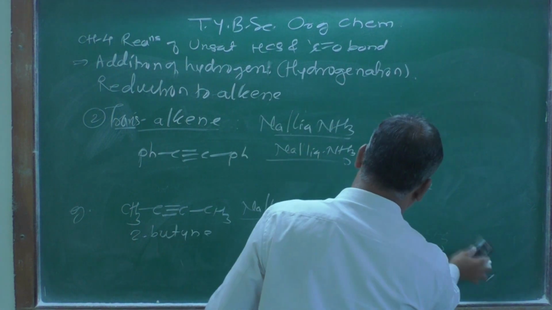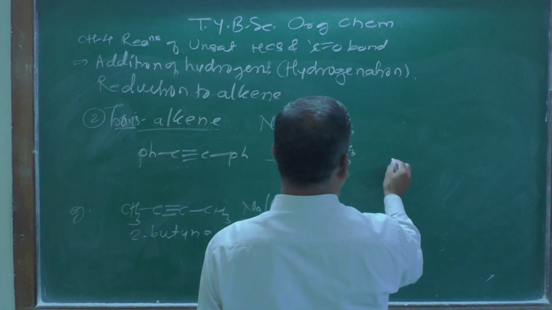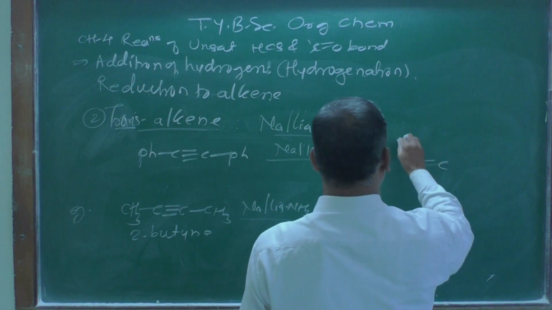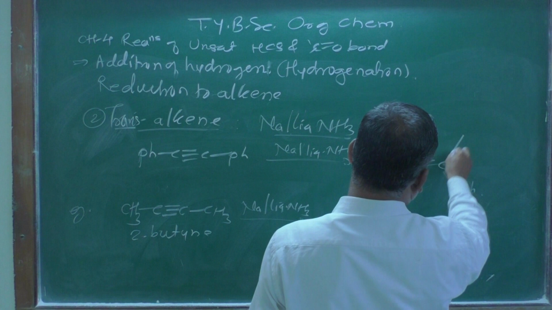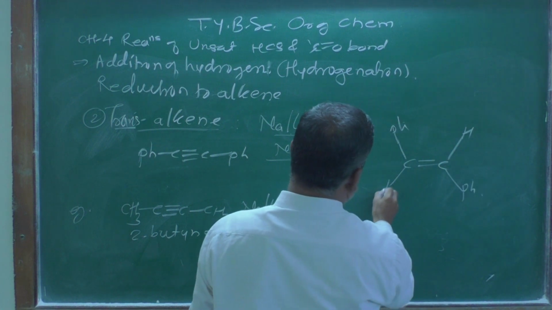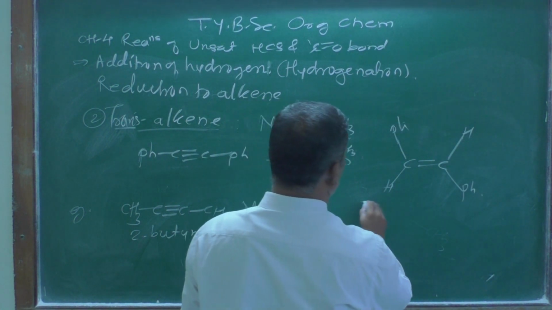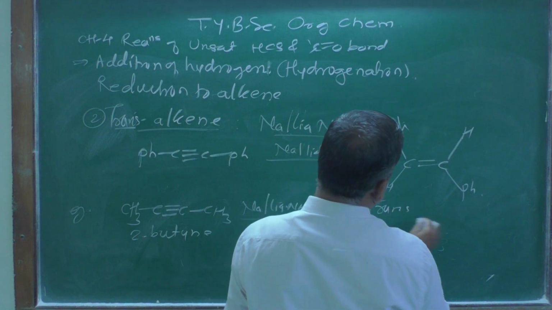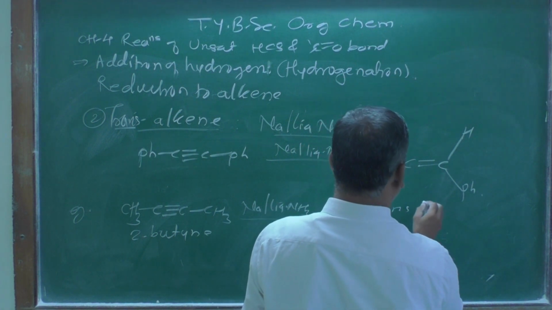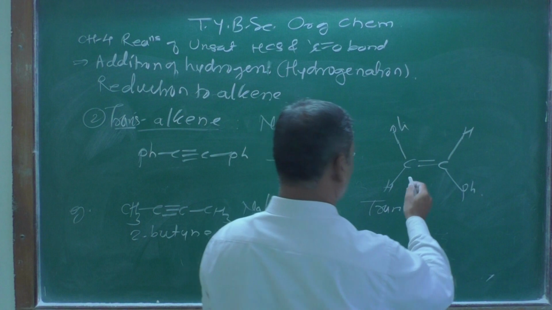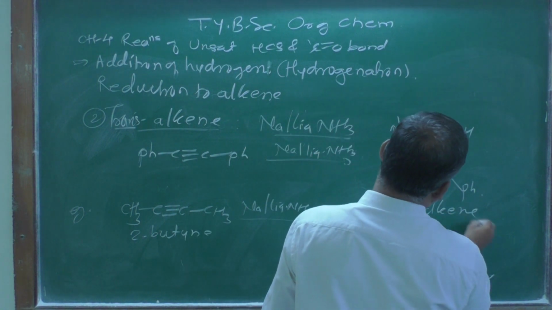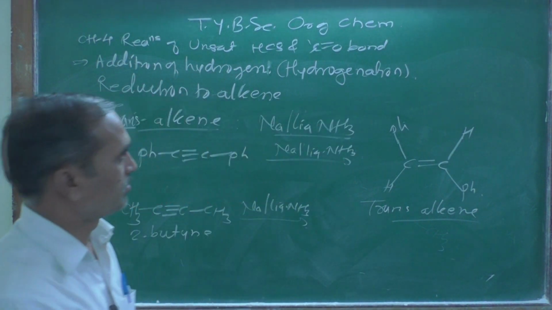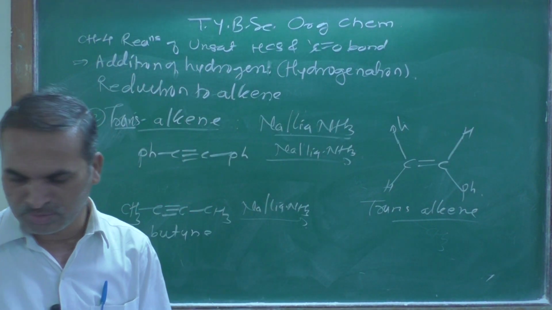It gives the product like this: carbon-carbon double bond, one phenyl group here, another phenyl group must be here, hydrogen here, and another hydrogen here, and that's why it is again trans-1,2-diphenyl ethene. So that is a trans-alkene you can call. So that is the compound we are going to get here.